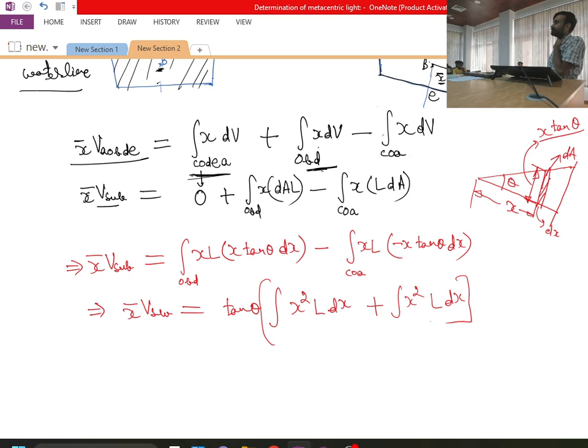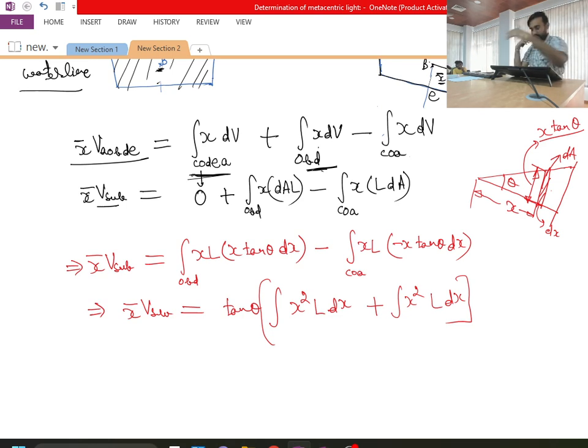Is this one clear? Now can you tell me what is L dx? dx is the thickness and L is width. Yes, so L dx I can say is the area which is parallel to the water line.